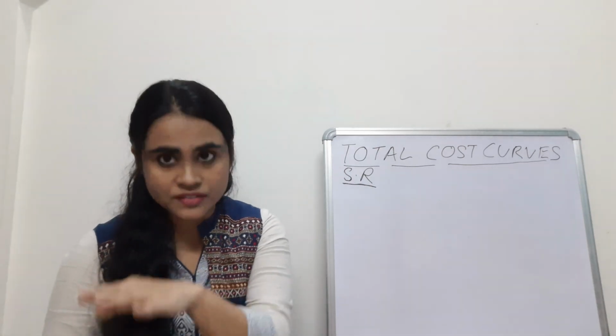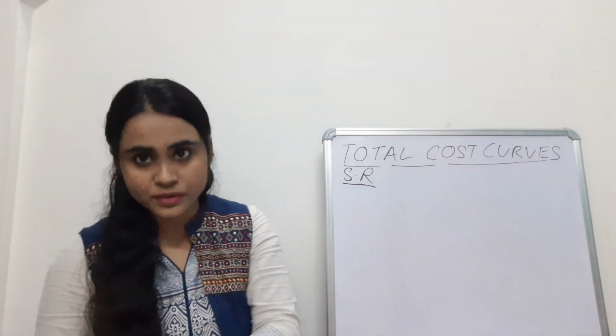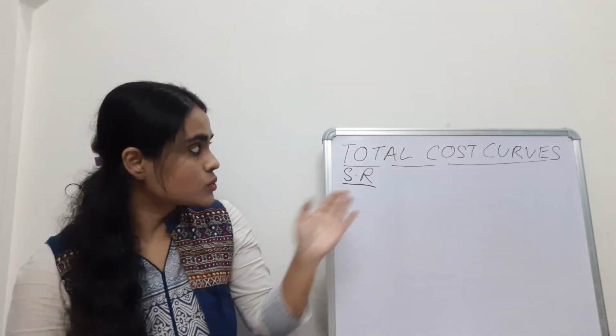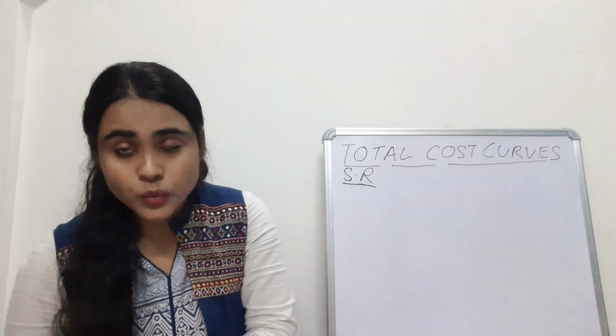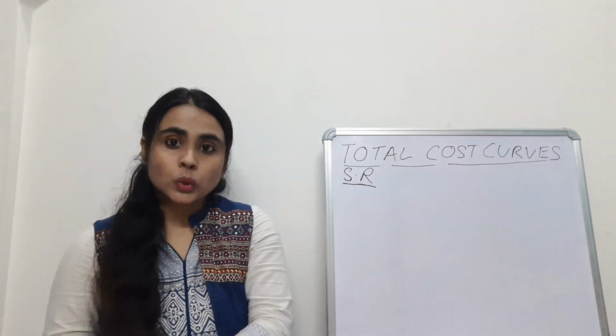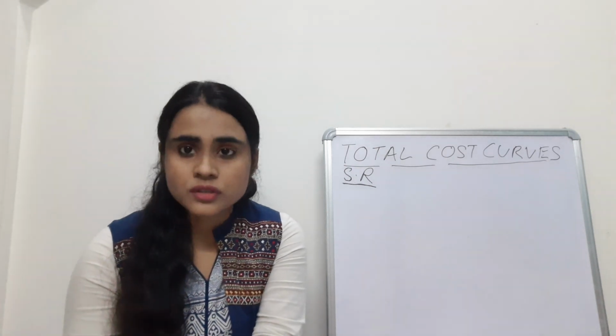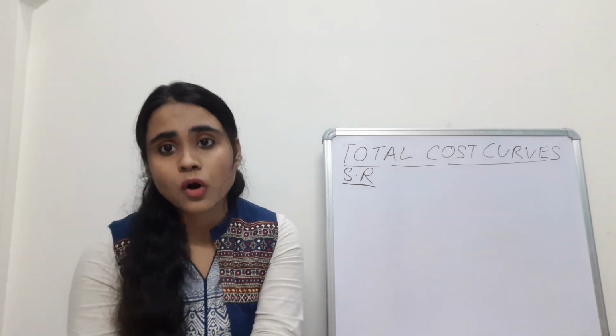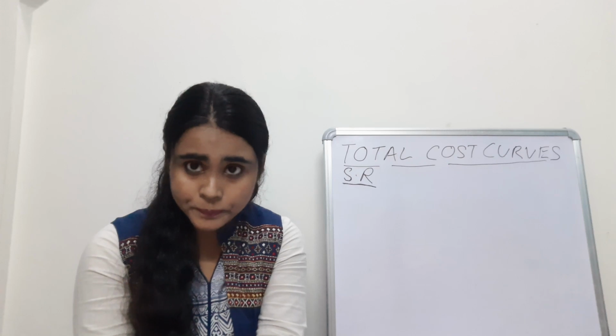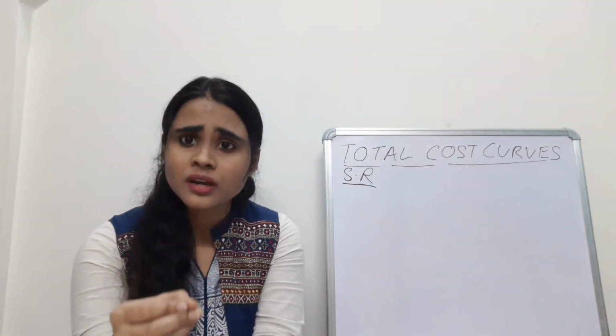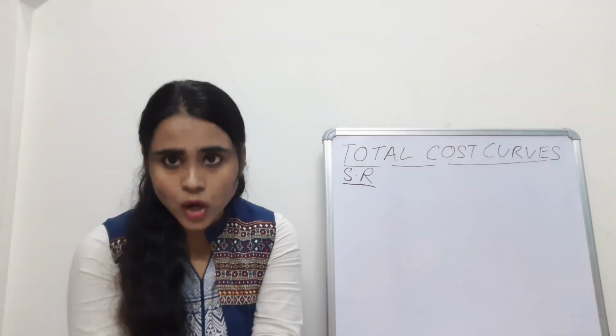This video is actually the continuation of my previous video. So let's get started. What is total cost first? Total cost refers to the obligation incurred by a firm in producing a quantity of output.